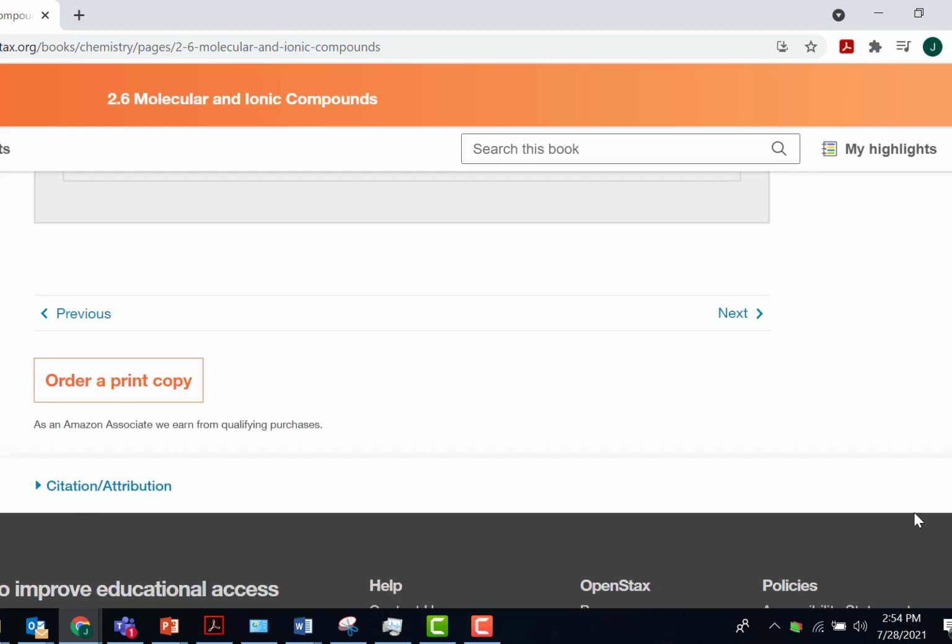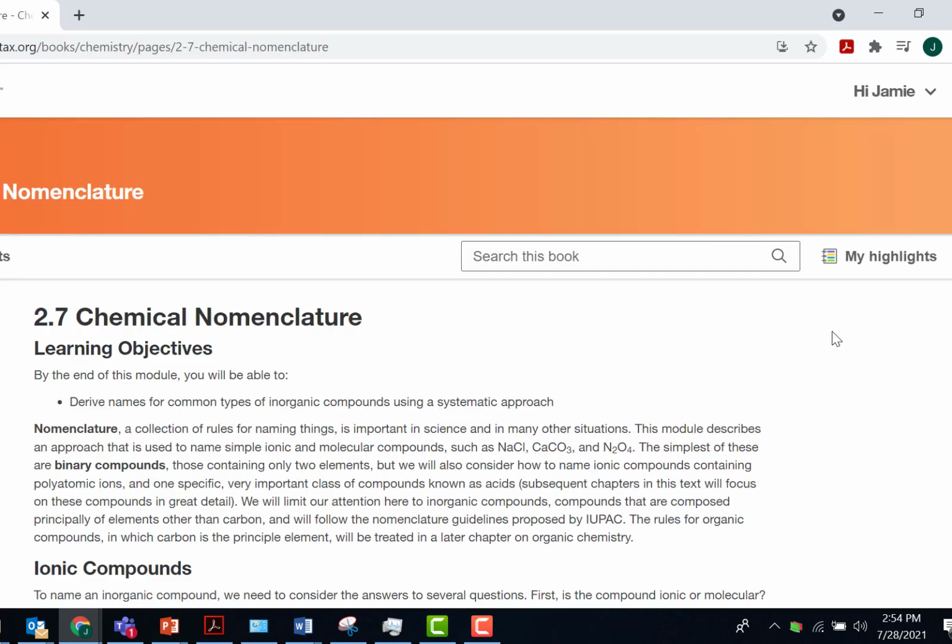I wanted to just briefly introduce a few things in terms of 2.7, but we're going to go through this during our lab time. 2.7 is about chemical nomenclature, which is the process of naming compounds.